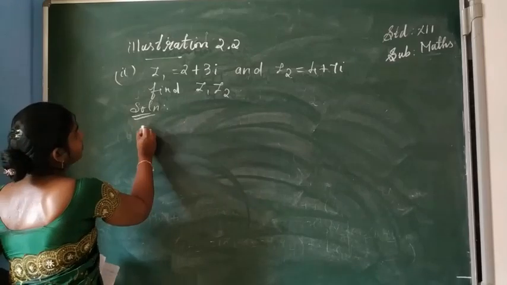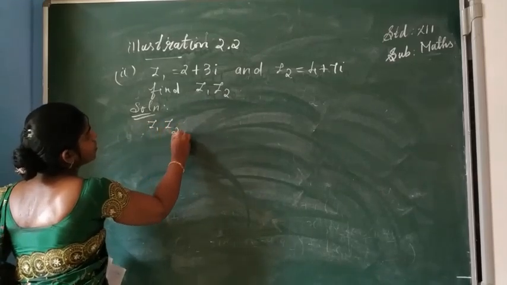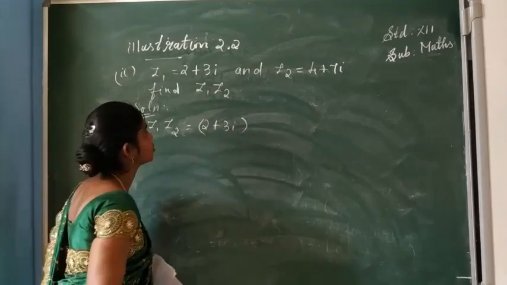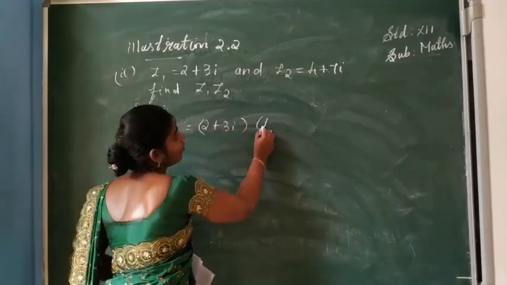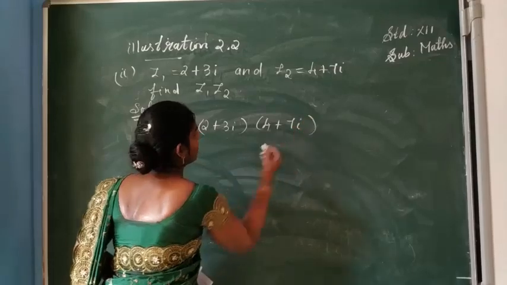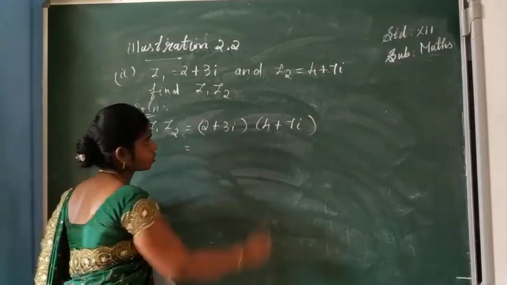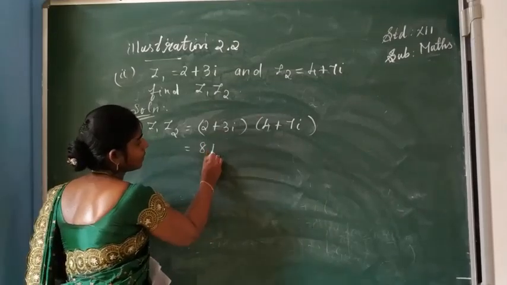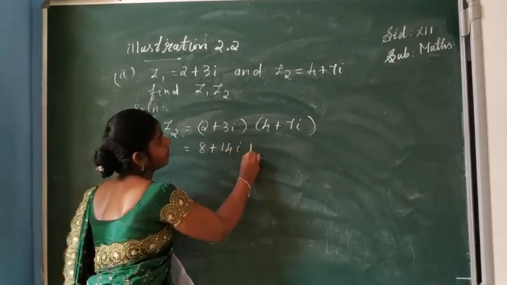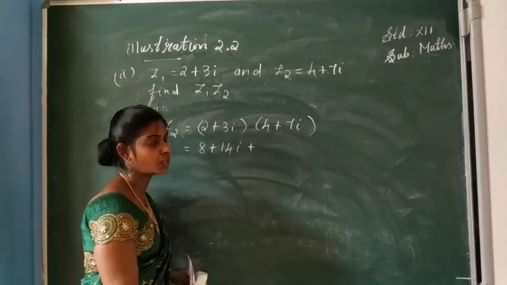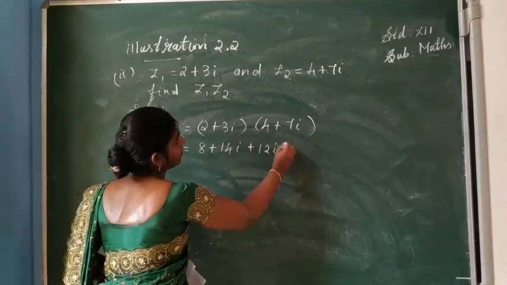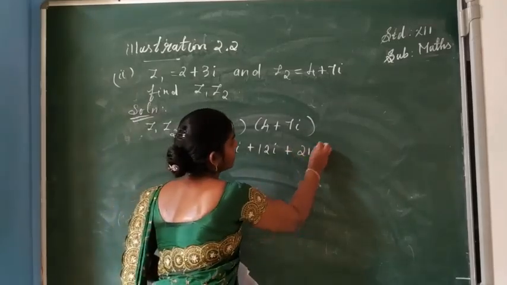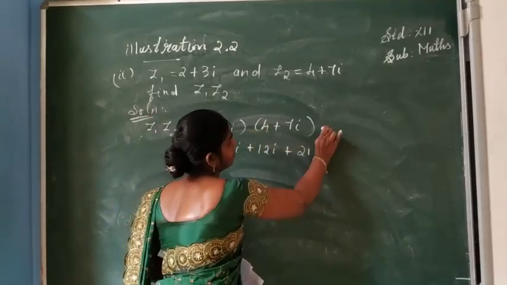So z1 into z2 equal to 2 plus 3i into z2 value 4 plus 7i. Multiply: 2 into 4, 8, then 2 into 7, plus 14i, plus 3i into 4, 12i, plus 3 sevens are 21 into i square.